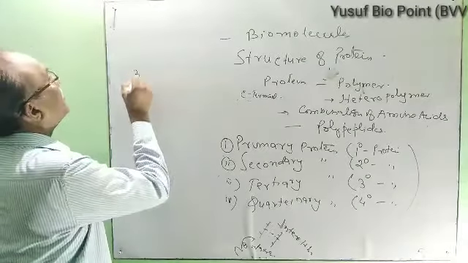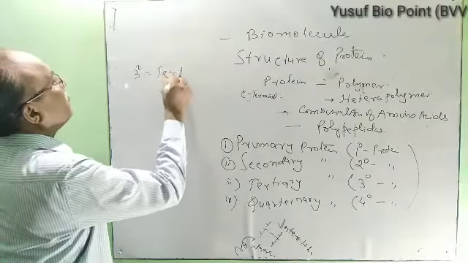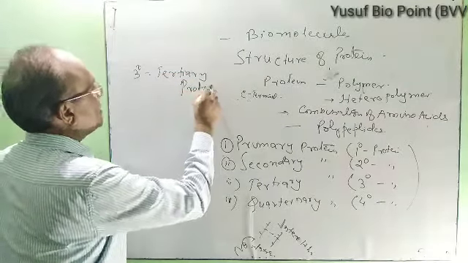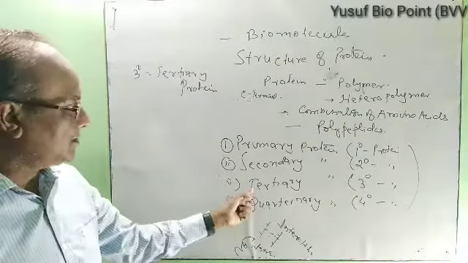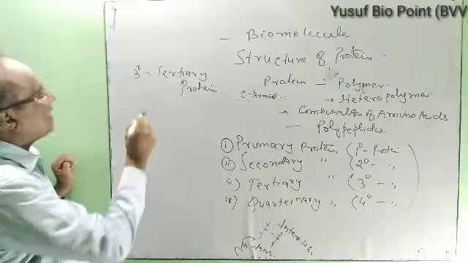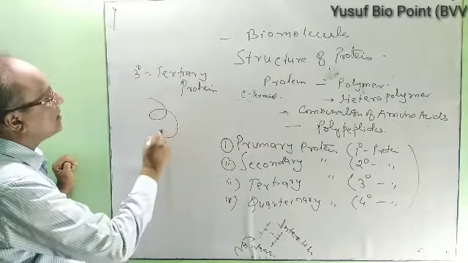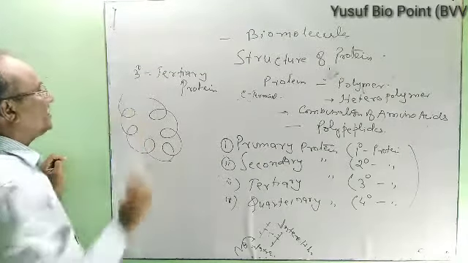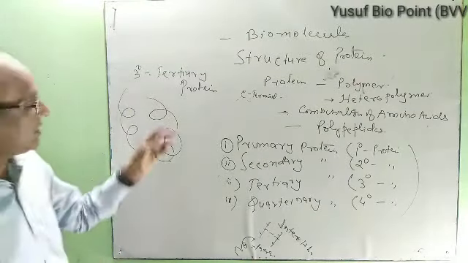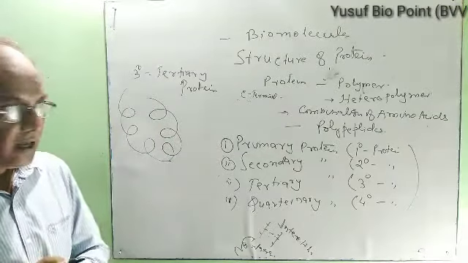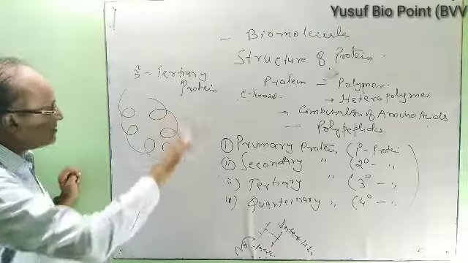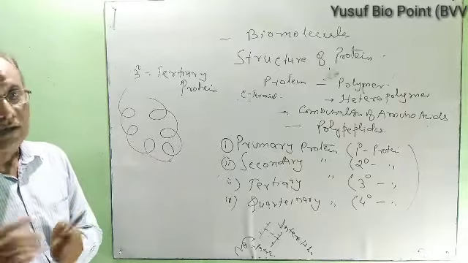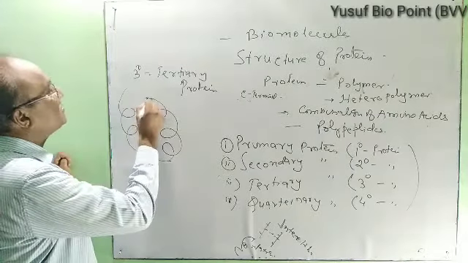Now the third degree, that is tertiary protein. Now we shall discuss the tertiary protein. You know that sometimes there is a coiling, but it increases and forms such types of structures. It becomes a coiled structure, and it increases so much that it also becomes a hollow-like structure. And there are amino acids.